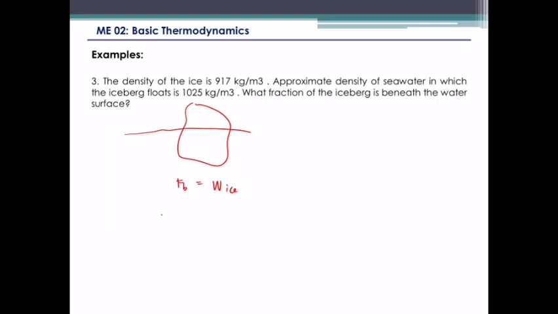When you say buoyant force, that is gamma of the fluid, which is seawater, times the volume submerged, Vs, is equal to gamma of ice, volume of ice. Now gamma is rho g, right?